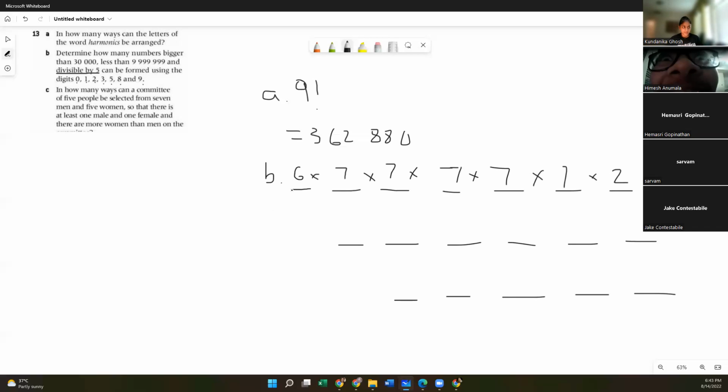You only have 6 options for your first seat, which is why it's 6 in the first one. Times 7 over here, because now you can add 0 back in to all the options you have. And it doesn't say that the numbers aren't allowed to repeat, which is why we don't have any restrictions like going from 6 to 5 to 4 to 3 to 2 to 1. You don't have to do anything like that because it doesn't say anything about using repeated numbers. Jake, did you have a question?